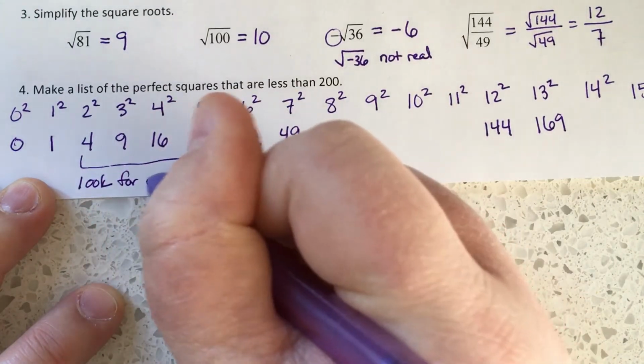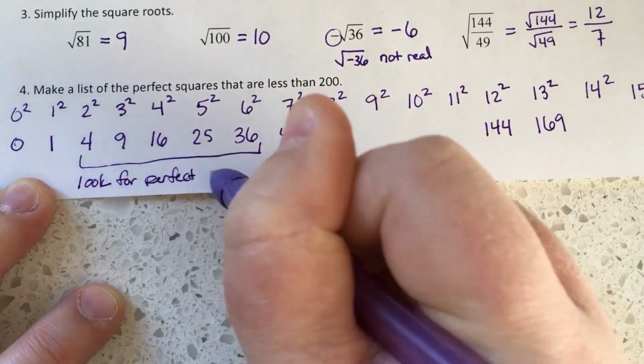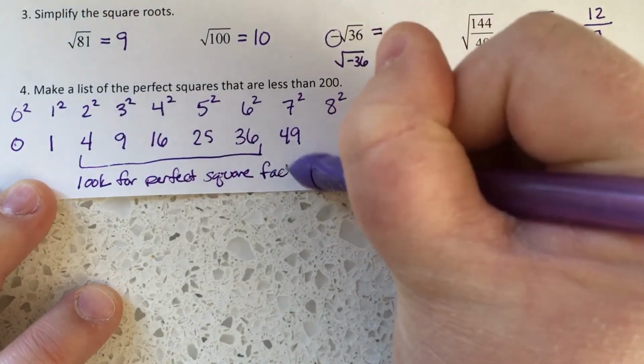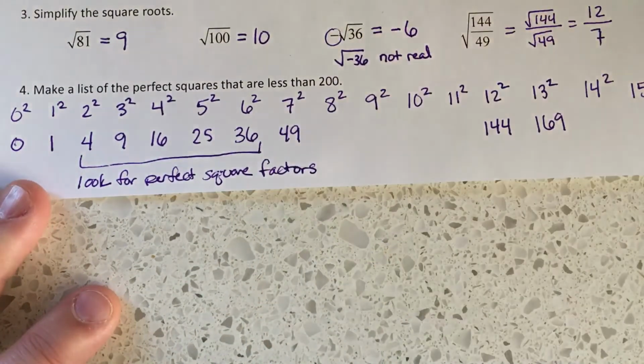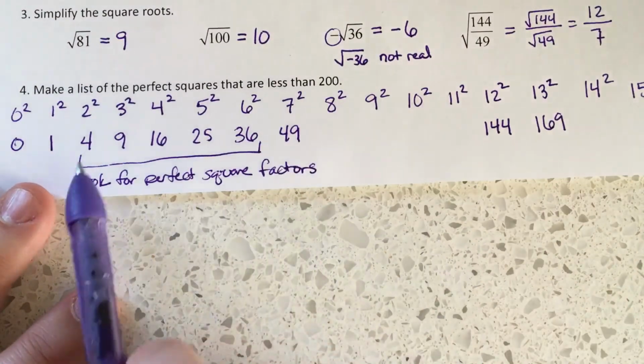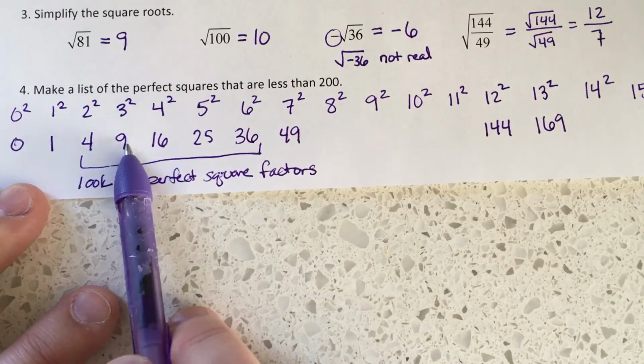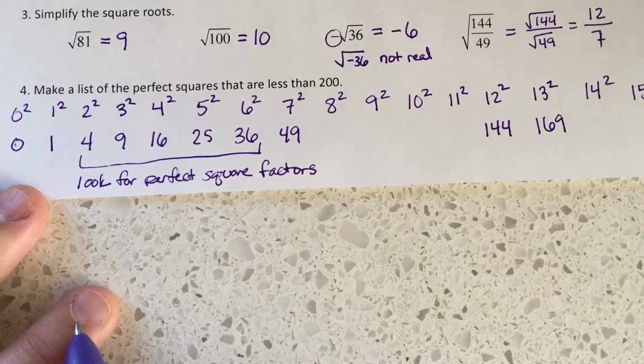Look for perfect square factors. And every now and then, 49 or some of the higher numbers might be some of those factors as well. But a lot of the square roots we're going to simplify have 4, 9, 16, 25, or 36 as factors.